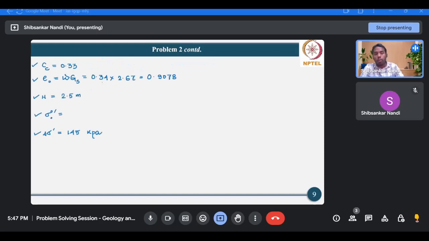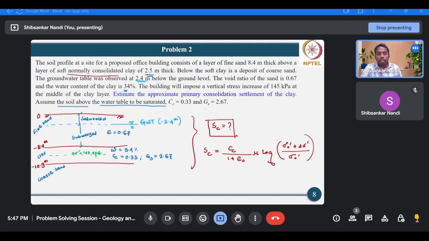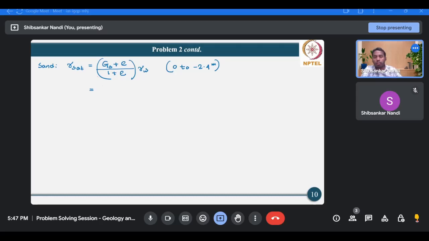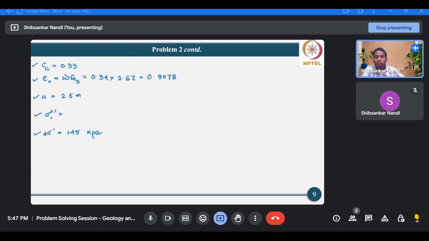One more thing, this Gs is not clearly mentioned, whether it's given for clay or sand, so we'll use this Gs for both the soils, sand as well as clay. So 2.67 plus e. Now we have to be very careful for this e.